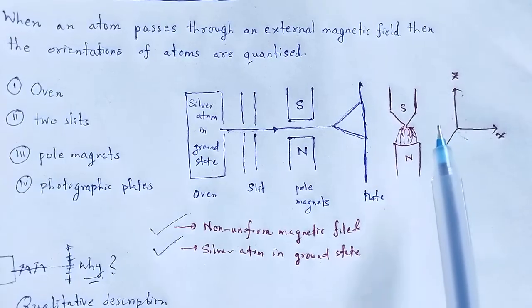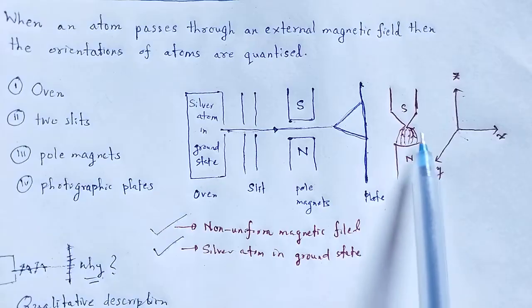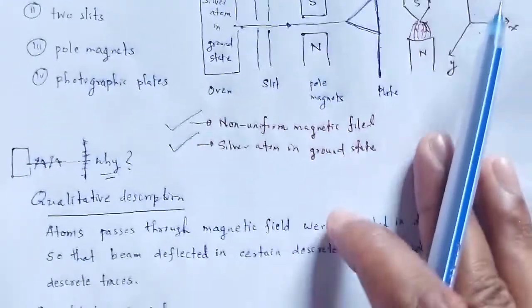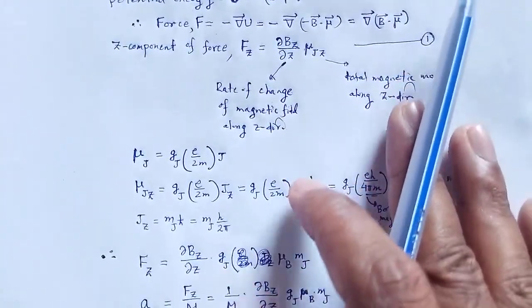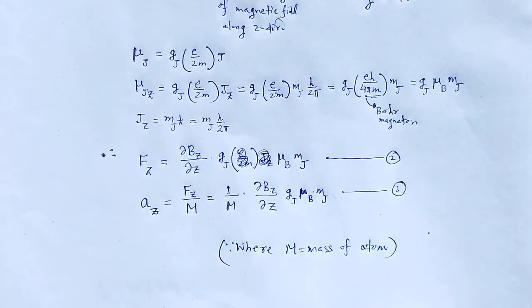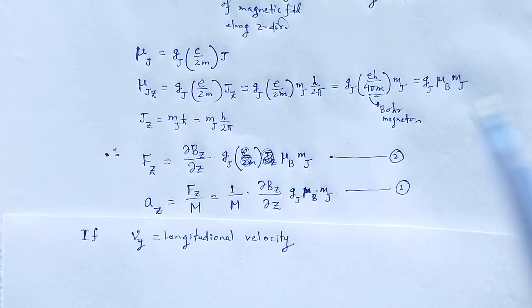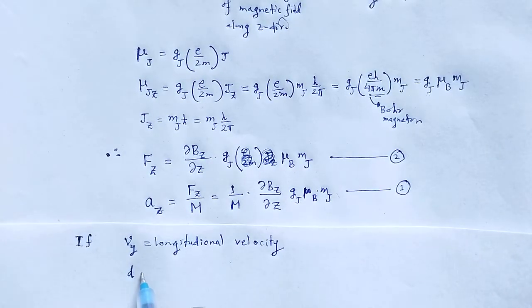This is the velocity in the longitudinal direction, and the displacement in the transverse direction. So, Vy is taken as the longitudinal velocity, and d is the distance travelled in the magnetic field by the atom.